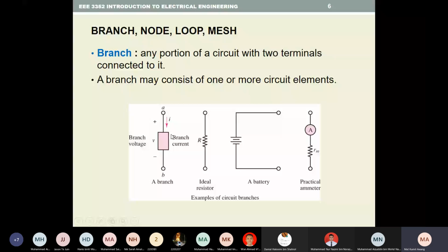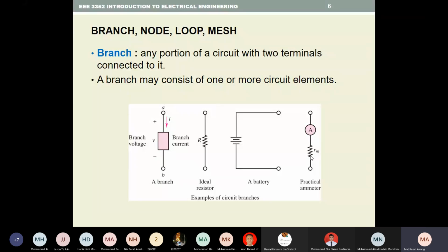So this is a resistor. This branch consists of a resistor, and this branch consists of a battery. And this branch is representing a practical source, which consists of the source and internal resistance.